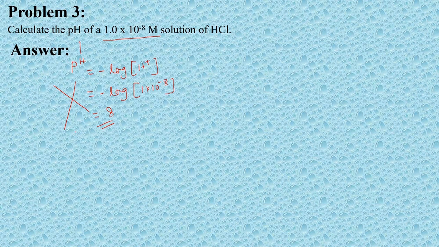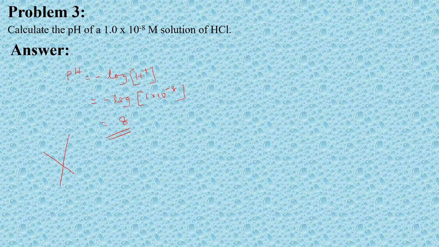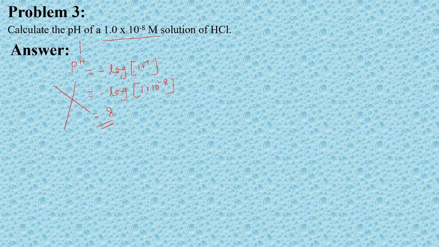So then what we have to do? In a very dilute acidic solution, the H plus concentration of the acid and the H plus ion concentration from water are comparable. So the concentration of H plus from the water cannot be neglected.